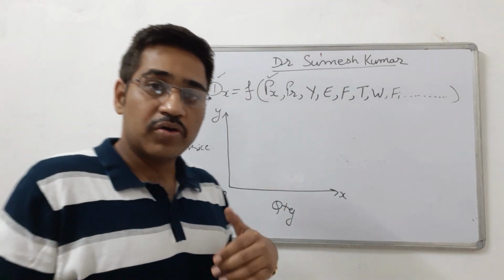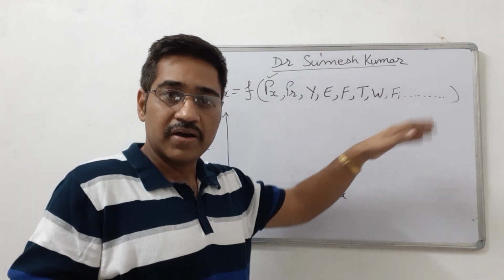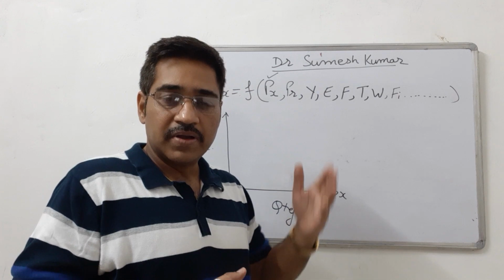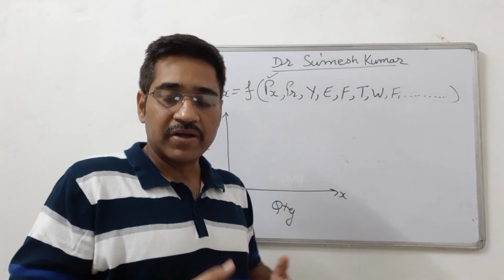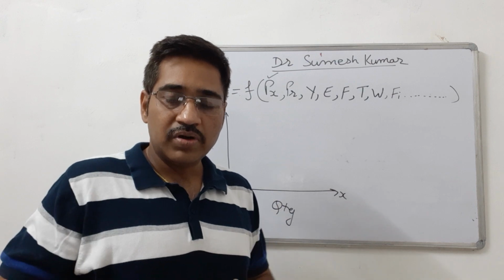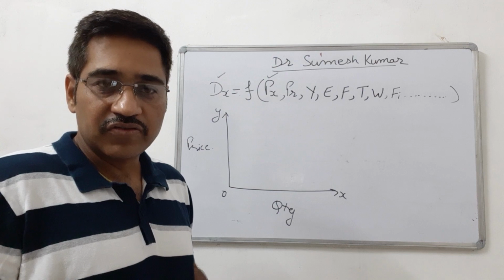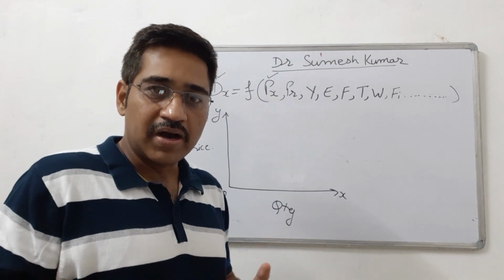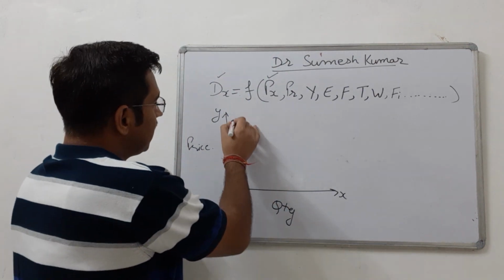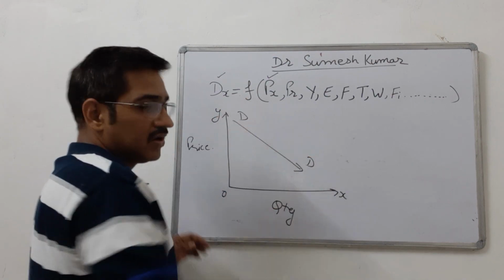When price of any commodity goes up, other factors affecting demand remaining constant, the demand of that commodity comes down, and when price comes down, demand goes up. It means there is a negative relationship between price and demand, and our demand curve will be negatively sloping. This DD is our demand curve.